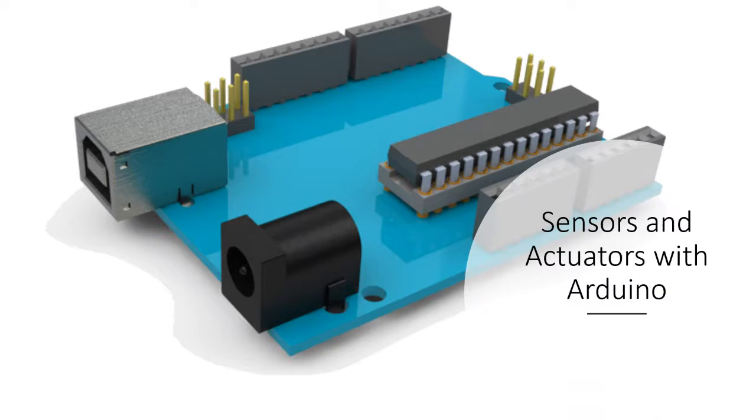For movement, we need things like the drivers for rotation, the motors and all that. These are the actuators, the ones that are doing something.